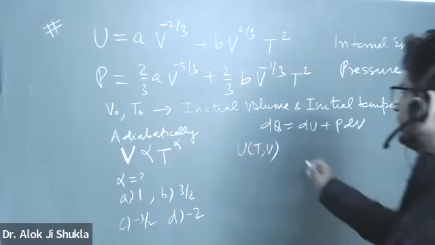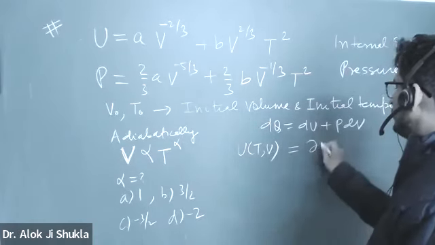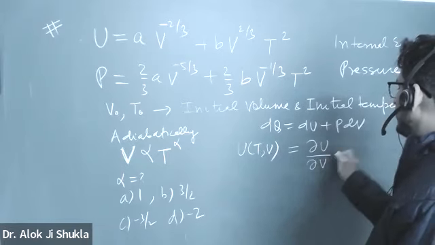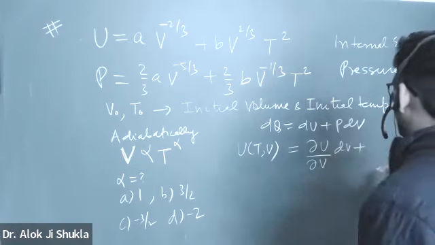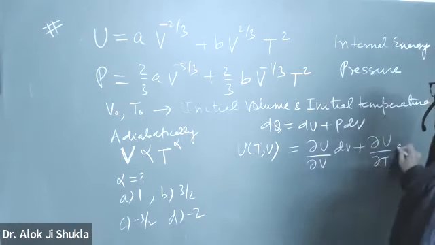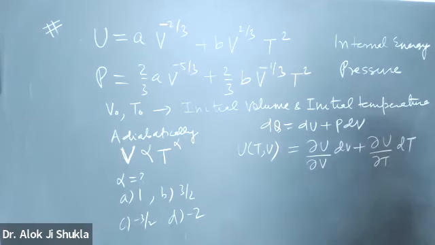So let us write this as del u by del v dv plus del u by del t dt. If u is a function of t and v, then this is okay.